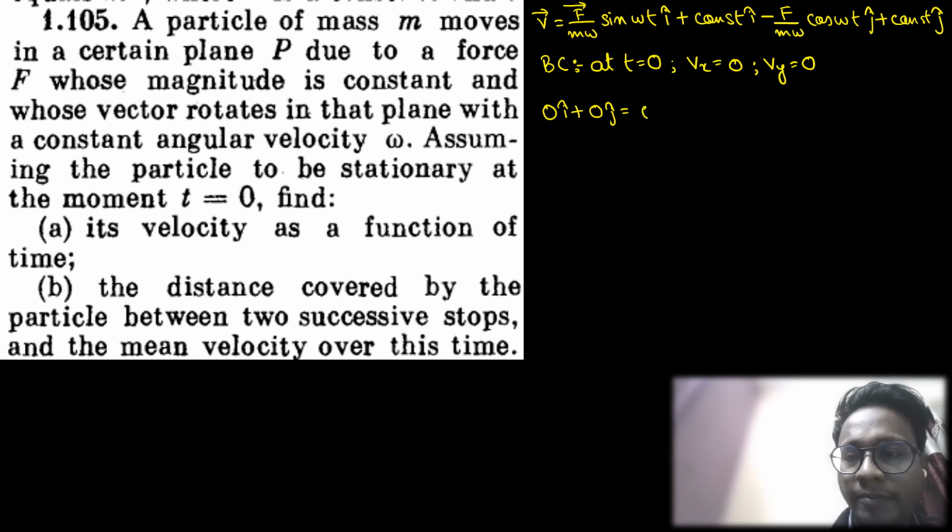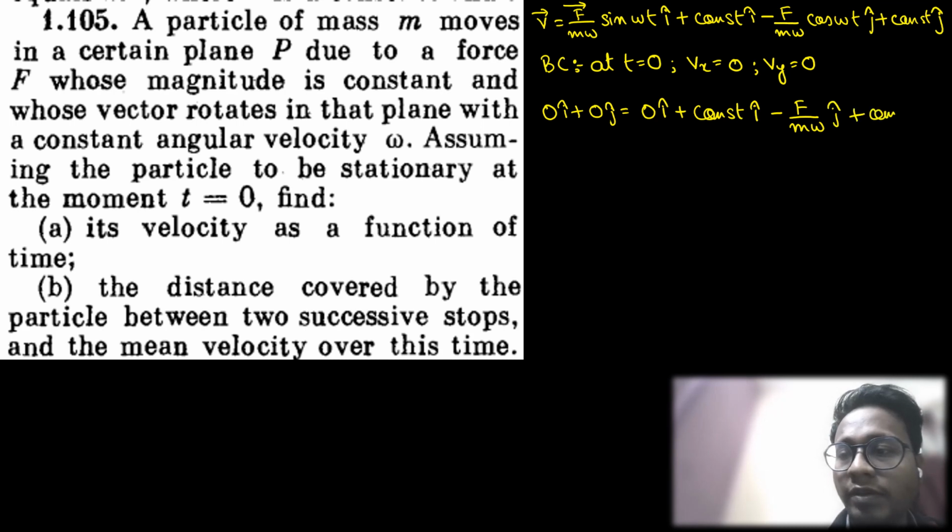So 0i plus constant of i, minus, if you put t equals 0 here, this term becomes minus f by m omega j, plus constant of j.